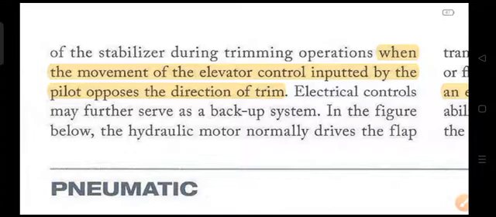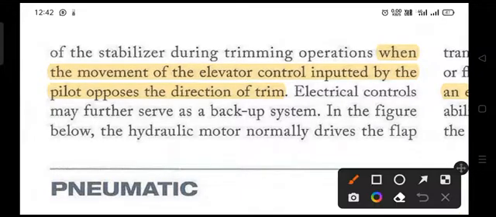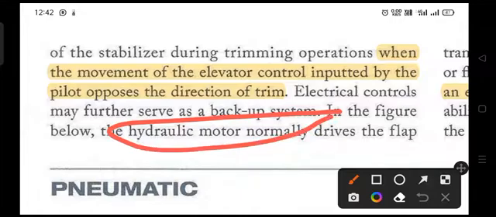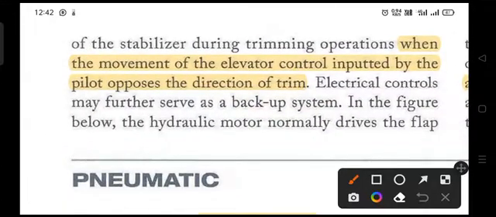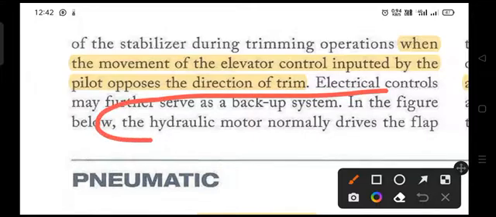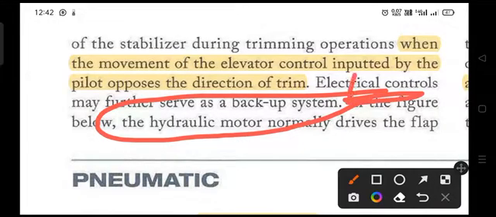Which means that at any given point, if the pilot is asking for something which is not desired, which is not required at that point of time, let's say I'm just giving you an example. For example, the aircraft is in this condition, let's say, and there is a vertical stabilizer here, horizontal stabilizer here.